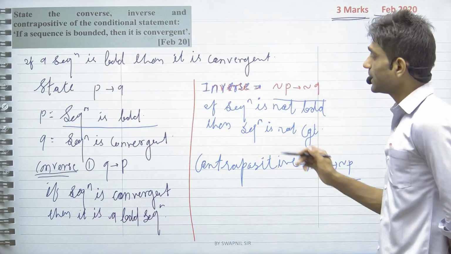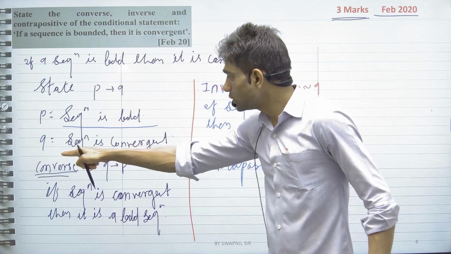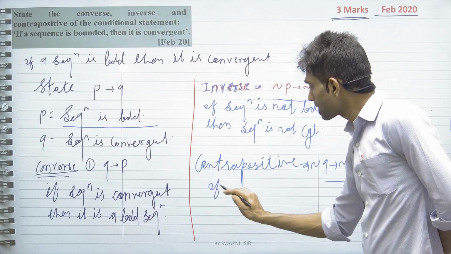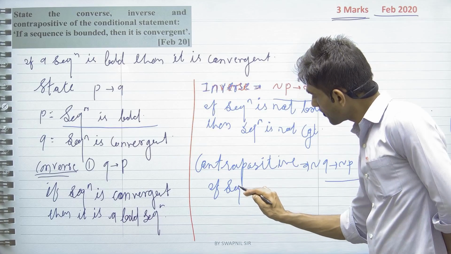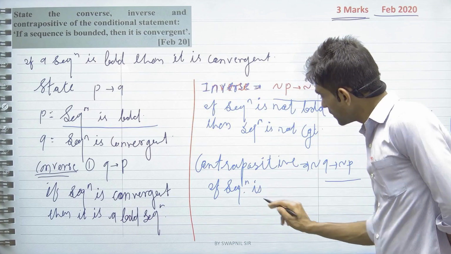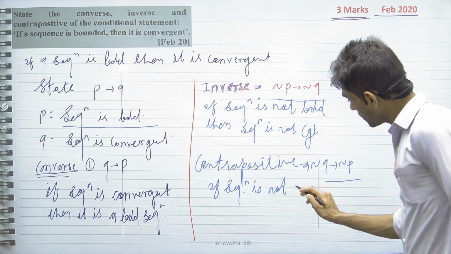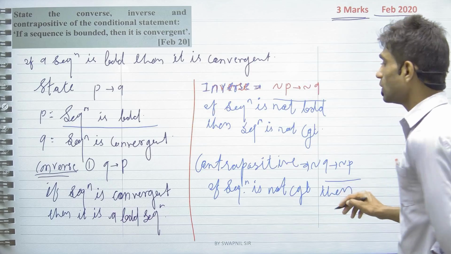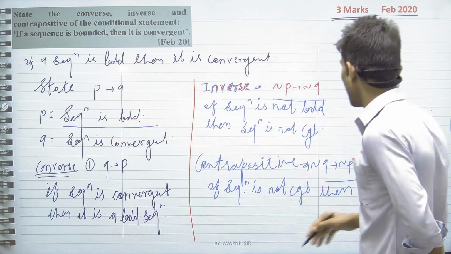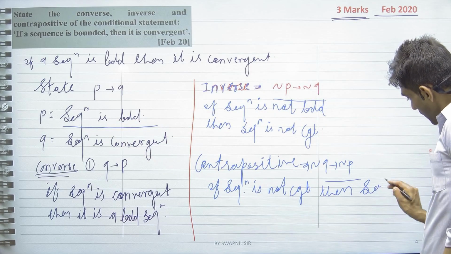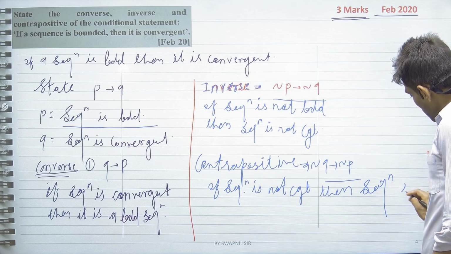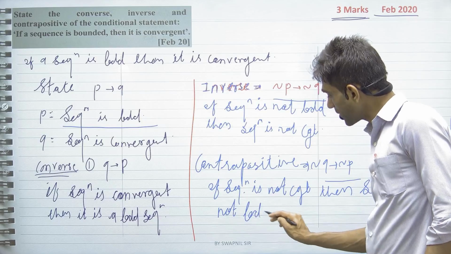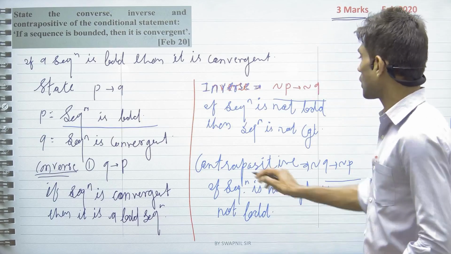Contrapositive means negation of Q implies negation of P. That means not Q implies not P. Okay, if sequence is not convergent, then sequence is not bounded. So this one is our contrapositive of the statement.